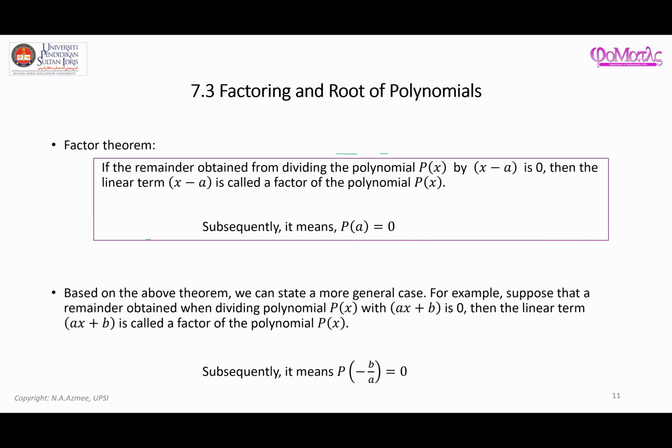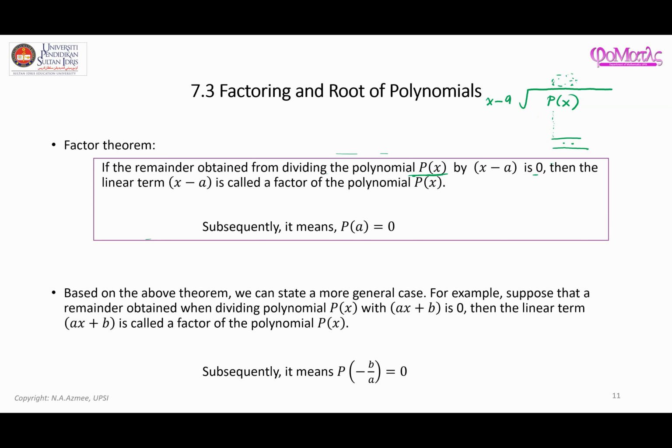Now what it means is that you have polynomial px, and you're going to divide this polynomial with x minus a. So you will find the value on top here, and you go on with the process until the very end, and at the very end the remainder here is 0. So everything is completed, there's nothing left.